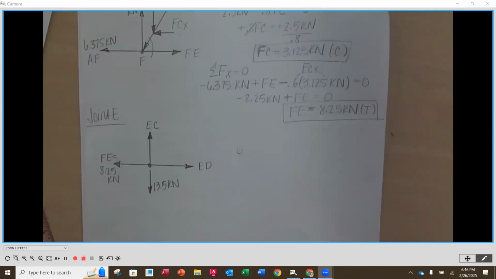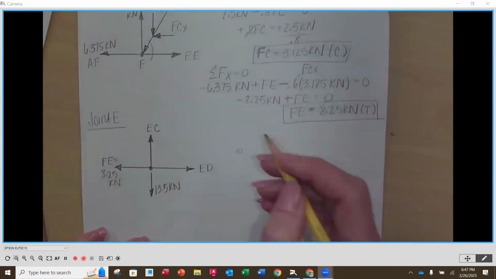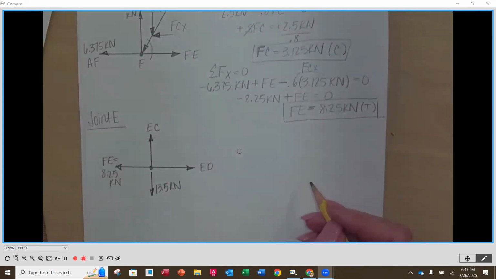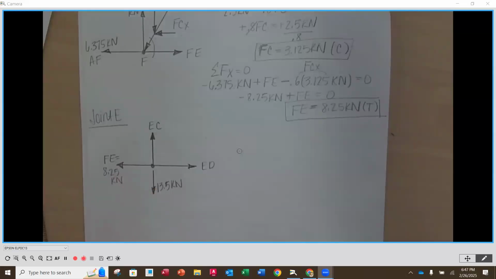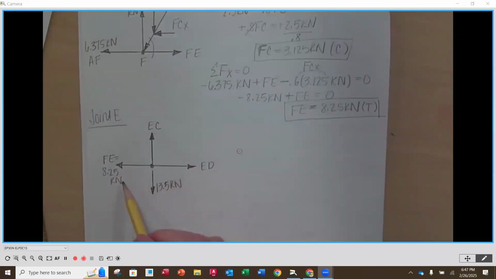Don't forget your applied load of 13.5 pulling down at E, okay? You have to include that. Do not switch that direction. Applied loads and reactions to supports stay in their actual orientation. They're external loads. FE is going to be in tension, pulling away or pointing to the left, 8.25 kilonewtons, okay?